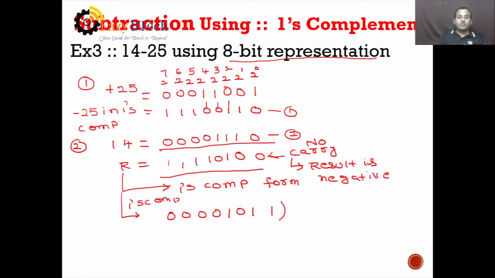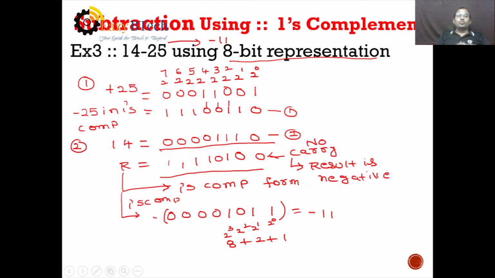What is the corresponding value? Assign a minus sign to this. So this is 2 power 0, 2 power 1, 2 power 2, 2 power 3, right? So 8 plus 2 plus 1 is 11, so minus 11. If we subtract 25 from 14, we will get minus 11, right? So the result is also minus 11.